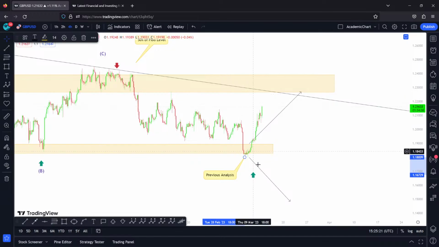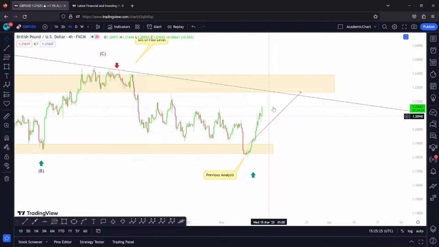Anyhow, that was not the case. This downtrend, we know what was the case, the uptrend. But now how can we continue with this as an update? This is what we are settled on. This was just a 10 minute recap about the previous analysis.